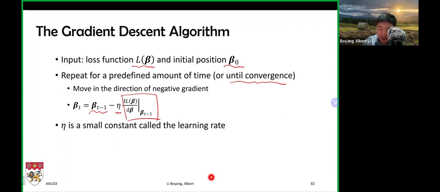We multiply the gradient by a constant eta, known as the learning rate. Eta is probably rather small, but is greater than 0. And we subtract the product of eta and the gradient from my current beta value, beta t minus 1, and this gives me the next iteration of beta, called beta t.